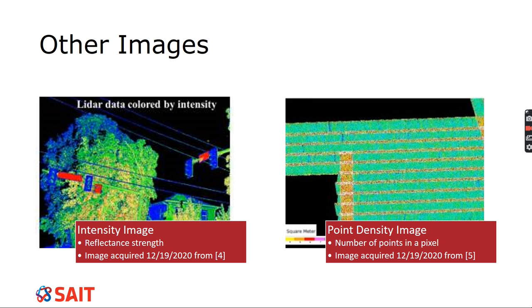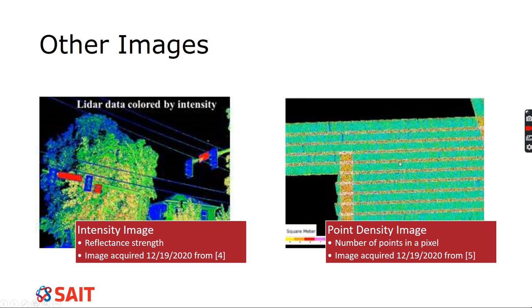Although if you are dealing with multiple returns, you're going to see that the intensity is actually reduced when you have multiple returns rather than just a single return. So again, looking here, this is from terrestrial, but we can see that the power lines have a lower reflectance strength versus, for example, the metal poles holding the street lights, which have a much higher reflectance strength.